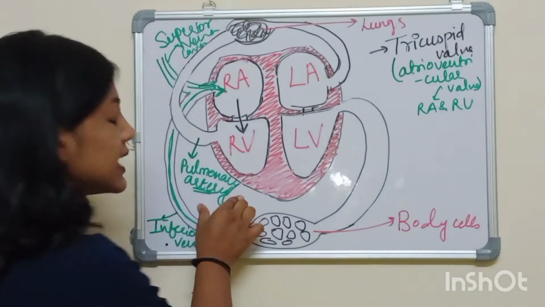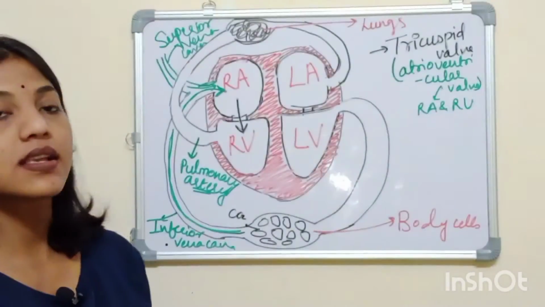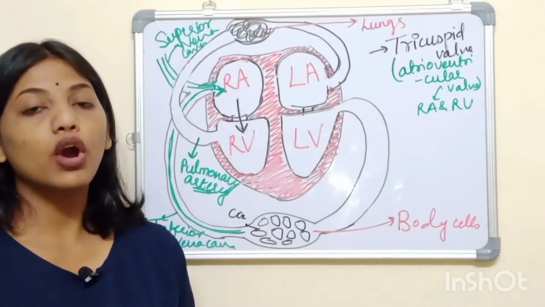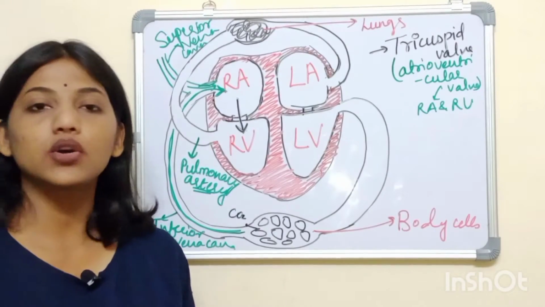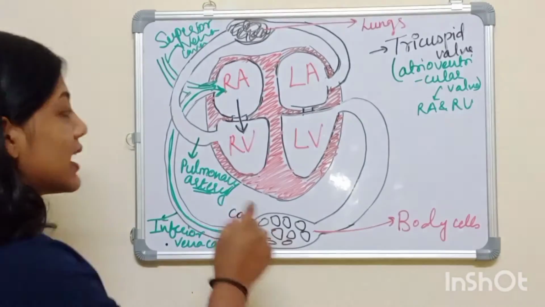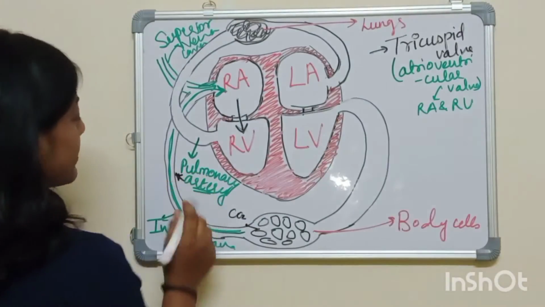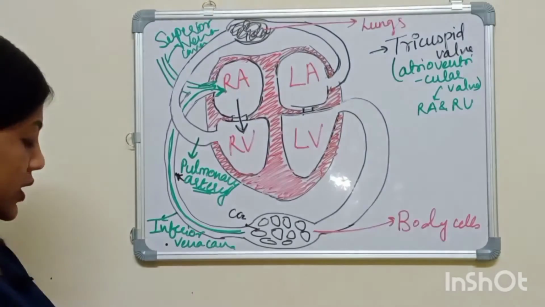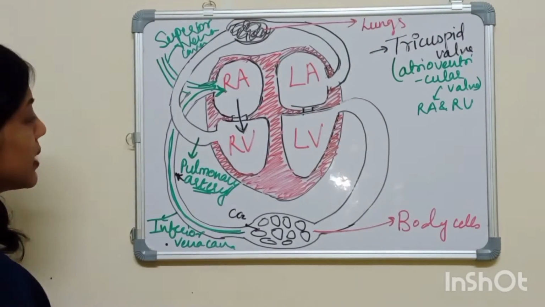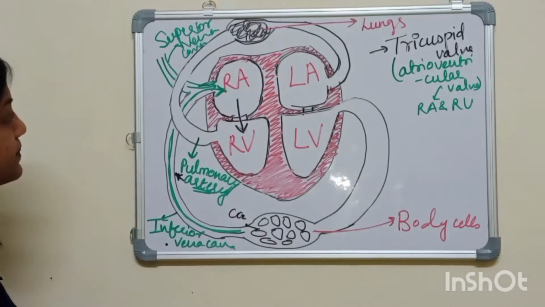It is the only artery that carries deoxygenated blood. All other arteries in the body carry oxygenated blood only. Okay, so this is the exception. So it is very important to remember this. Pulmonary artery is the only artery in the body that carries deoxygenated blood to the lungs, right?